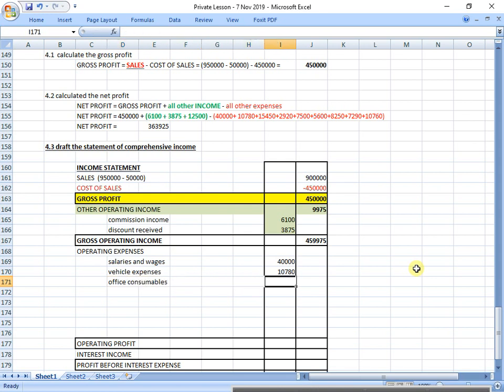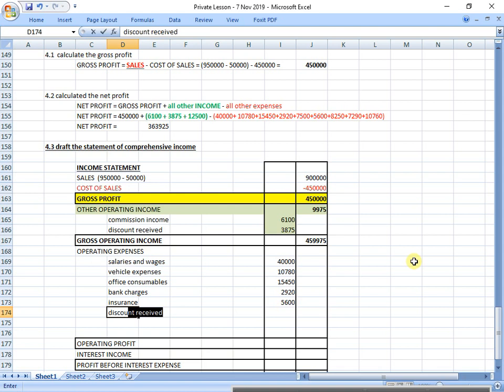How much? 50,450. What else? Bank charges. How much? 2,920. Good, what else? Insurance. Yes. How much? 5,600. Next.